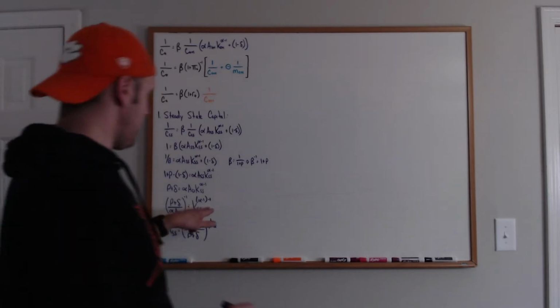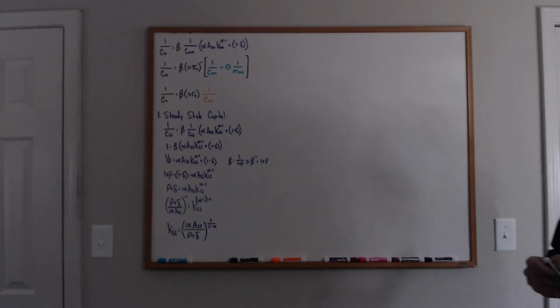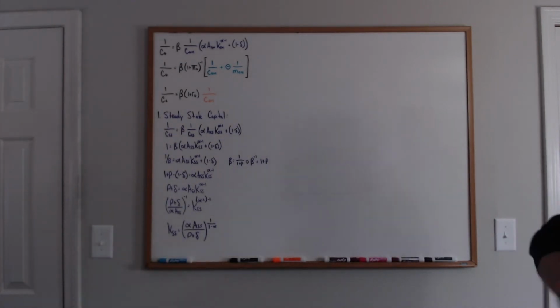And if you don't remember exactly what I did there, you can go back to the video that lectures on the dynamic general equilibrium, steady state stuff, and you should be able to find it rather easily there. But that's our steady state capital.